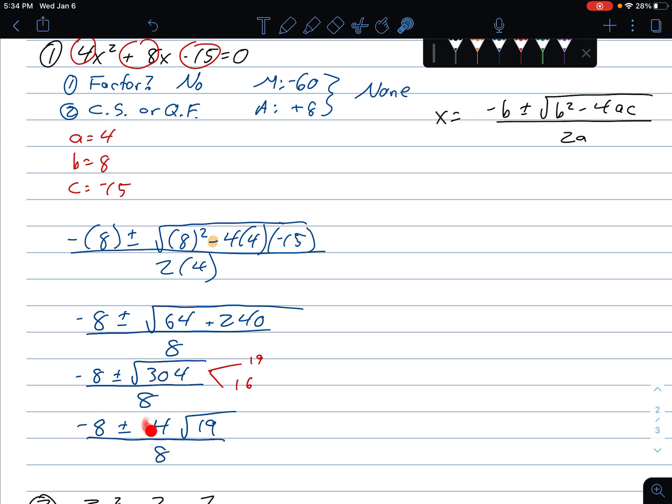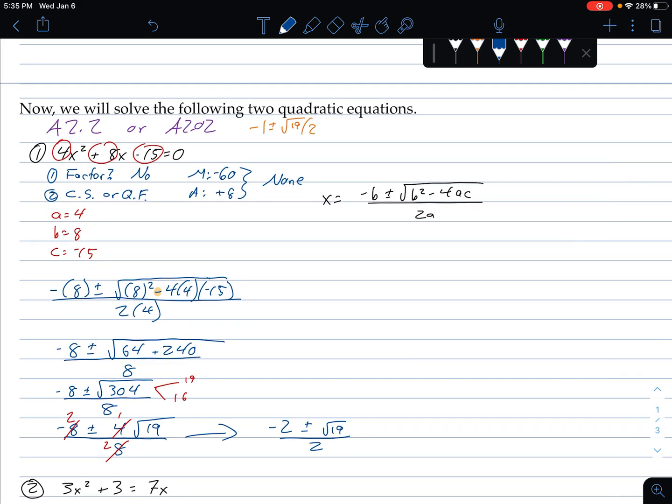Now, I have a term, and a term. An 8, a 4, and an 8. They all have something in common: 2, 1, 2. I can rewrite that as -2 plus or minus radical 19 all over 2. Right?